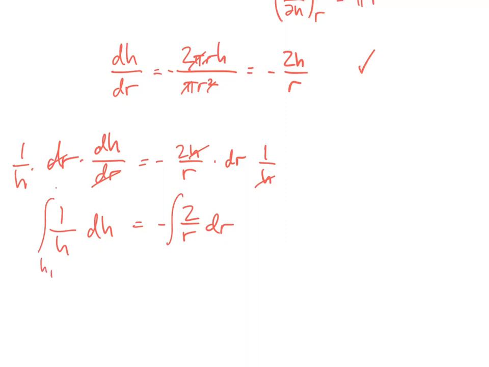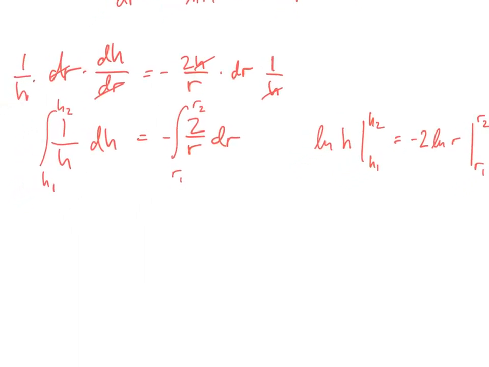I'll have a starting height and an ending height, and I'll have a starting radius and an ending radius. And what this becomes is log h evaluated at h2 and h1, and this will equal negative 2 log r evaluated at r1 and r2.